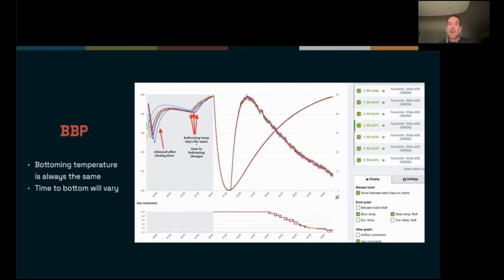Something to remember is that, again, this is a hack. The bean probe reading is not the same as the drum temperature. A lot of people get confused because they see that their bean temperature reading doesn't drop much during the BBP, and maybe somebody else's drops a lot more.